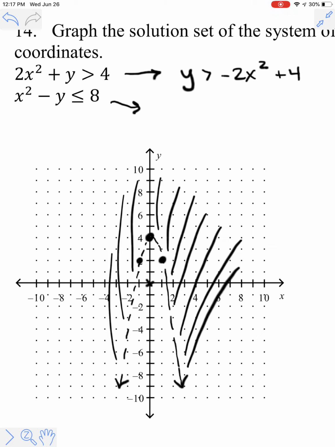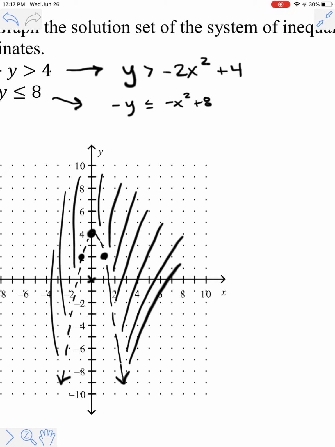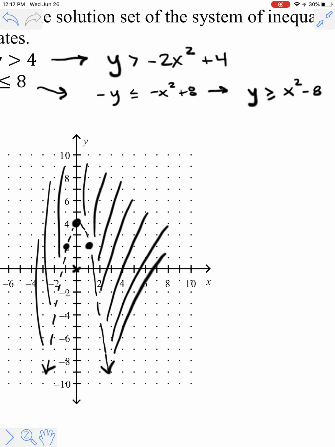Now this other inequality is negative y is less than or equal to negative x squared plus 8. But then if I divide by negative, you've got to remember to flip the direction of the inequality, so y is greater than or equal to positive x squared minus 8.